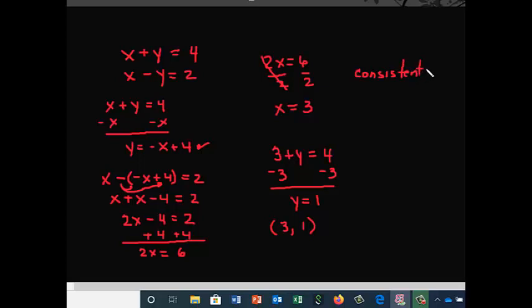It's consistent. And what does it say about independence? Well, if a system has at least one solution or no solution, in this case it has one solution, the equations are independent. So we can say the equations are independent.